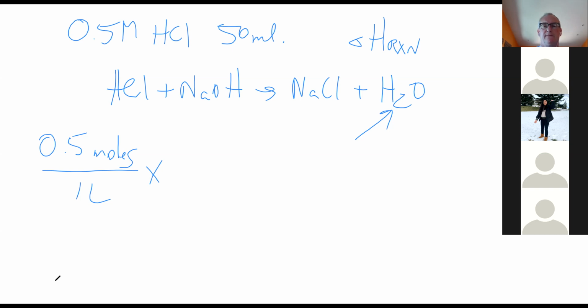So how many liters is that? That's what I need. 0.050 liters. So I divide this by 1,000 because there's 1,000 mils. Actually, I don't divide, right? I multiply by 1 over 1,000. So that's how many liters I have.